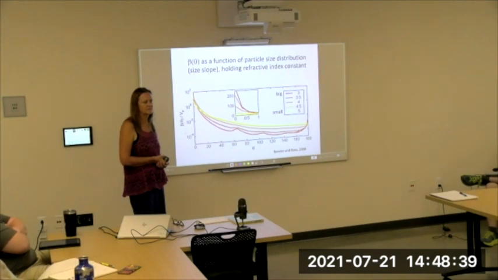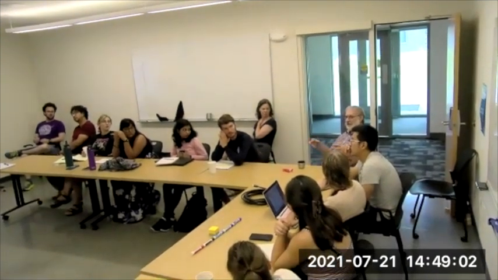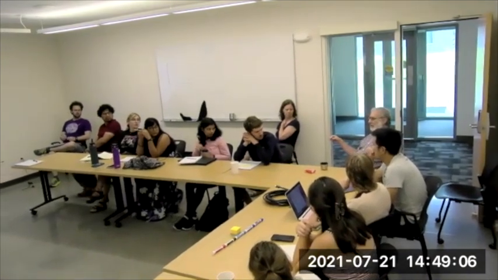But how about scattering? I can have a certain amount of chlorophyll in the water, 1 milligram per cubic meter, but that could be a lot of small particles or a few big ones. And the scattering by the small particles is going to be much different than the scattering by the big ones. Or they could be spheres or they could be long chains and have the same chlorophyll.